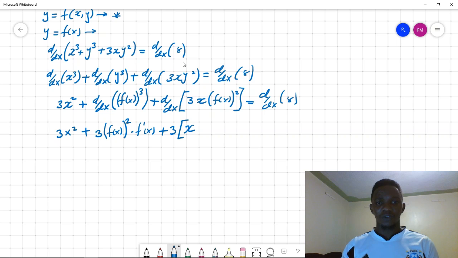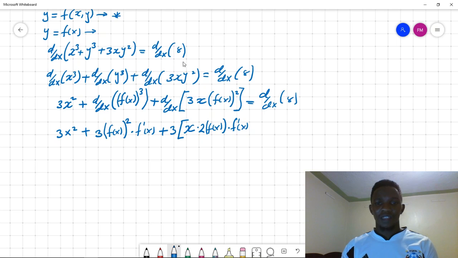So it's going to be equal to 2 times f of x, of course it's power 1, which you can just leave as that, then multiplied by the derivative of the inside function, which is f prime of x.